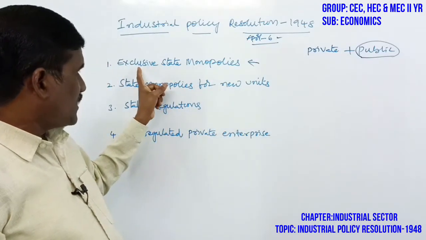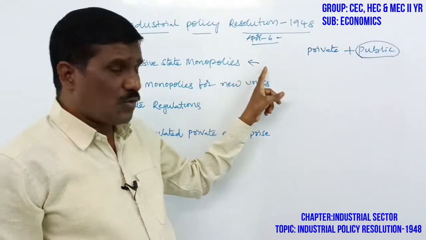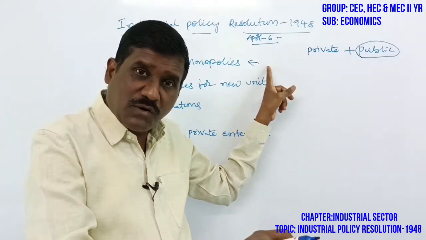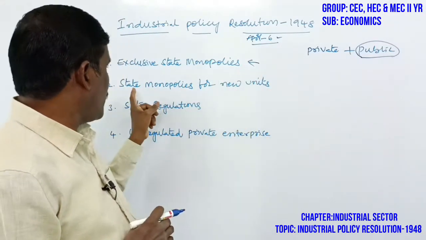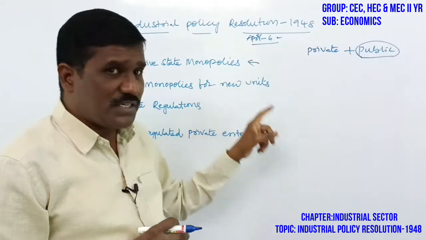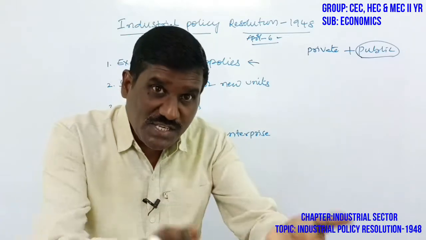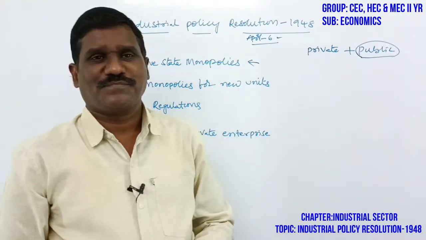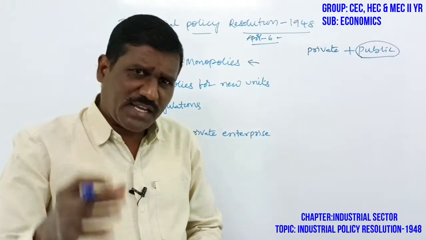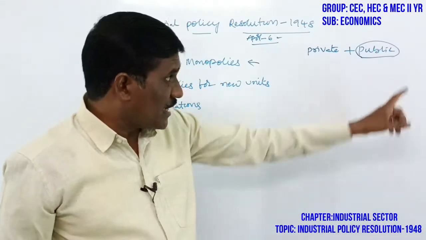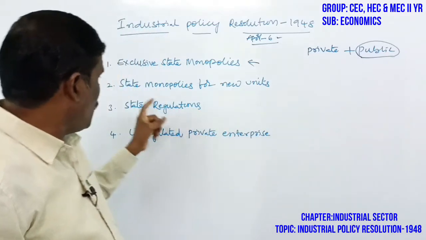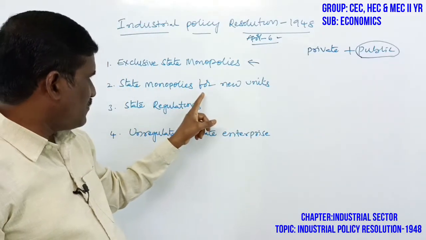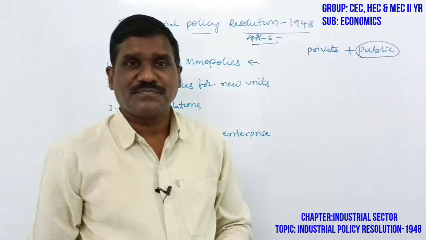Once again, exclusive state monopolies are totally under the government sector, and for state monopolies for new units, the industries which are going to establish new units should be under the government sector only, public sector only.